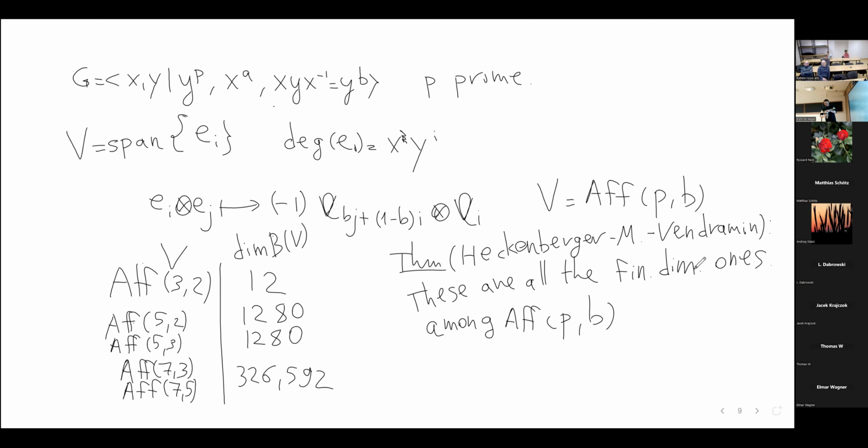If you just randomly pick a braided vector space, most likely the Nichols algebra will be infinite dimensional. Think about the case that we mentioned before, where we have something one-dimensional and V tensor V goes to q times V tensor V. For this to be finite dimensional, we need q to be a root of unity. But this is really like a set of measure zero inside the complex plane. So it's very specific to get something finite dimensional.